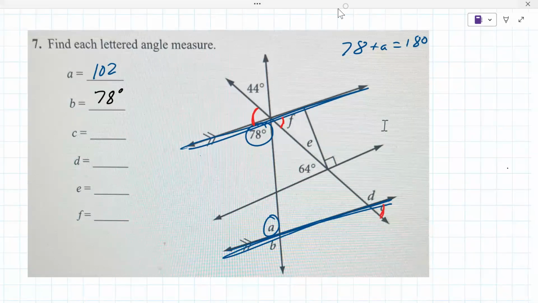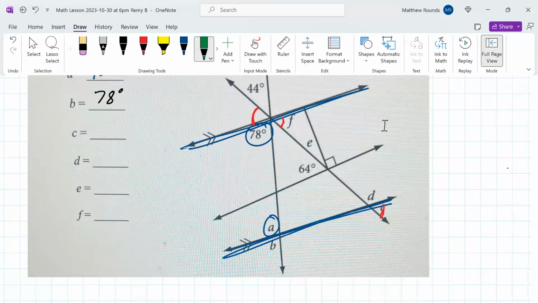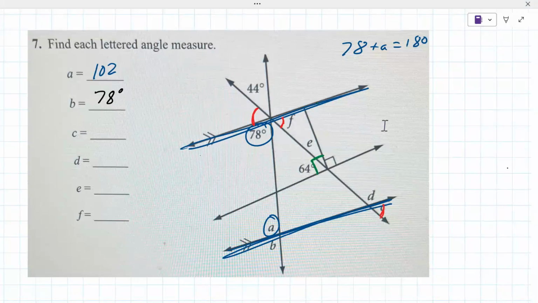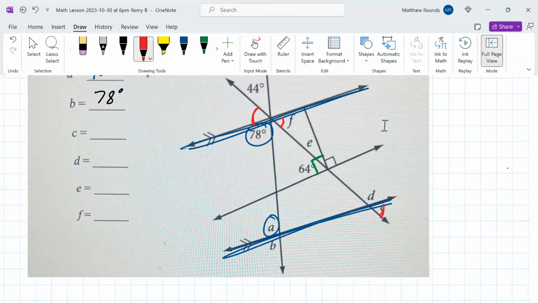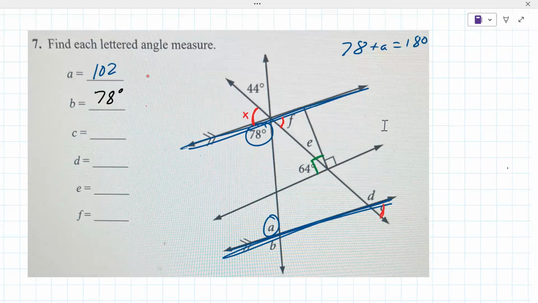E and 64 make up a 90-degree angle. So the short of it is that if I call this X, X plus 78 plus 44 equals 180. And so you end up getting that it's 58, I believe, for that one, which means that F is 58, C is 58.